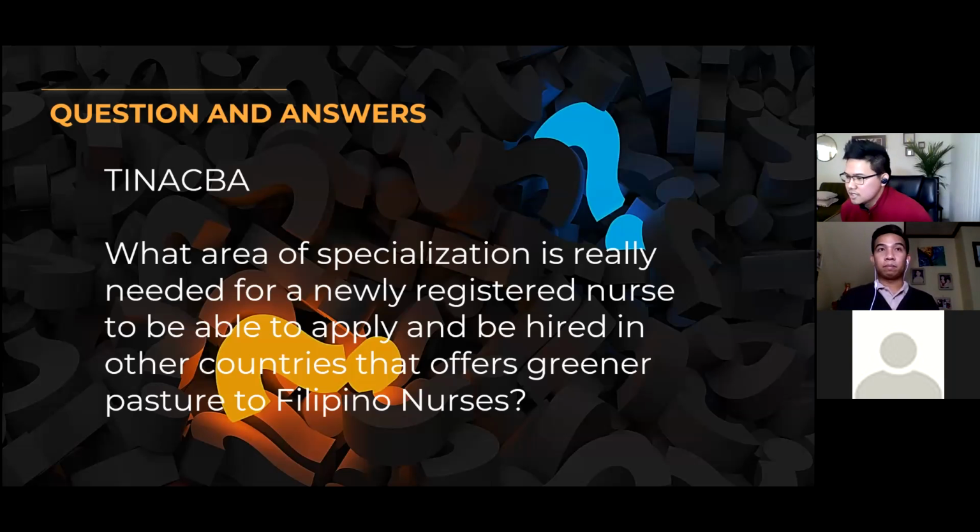They have the surgery ICU, the brain ICU, the anesthesia ICU, and the medical ICU, and the other one I forgot. So when you have experience as an ICU nurse in the Philippines, you have the leverage, or the higher chance, to be accepted in these countries and be assigned to a particular ICU unit.